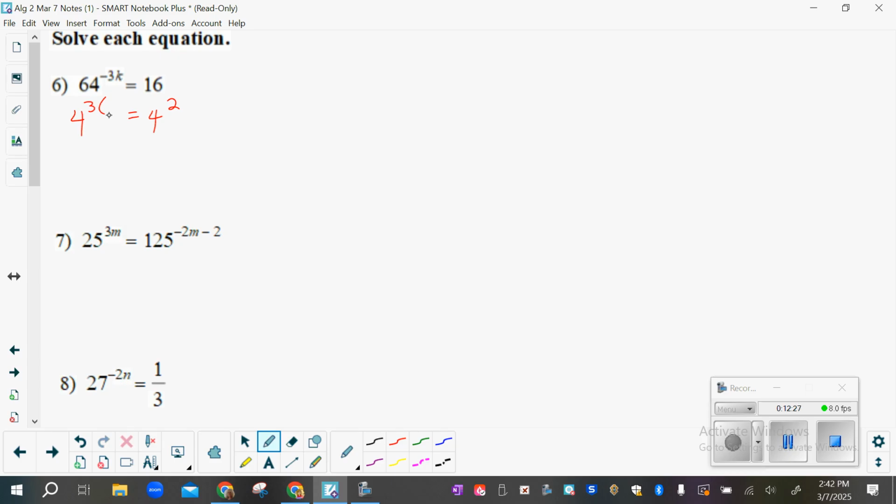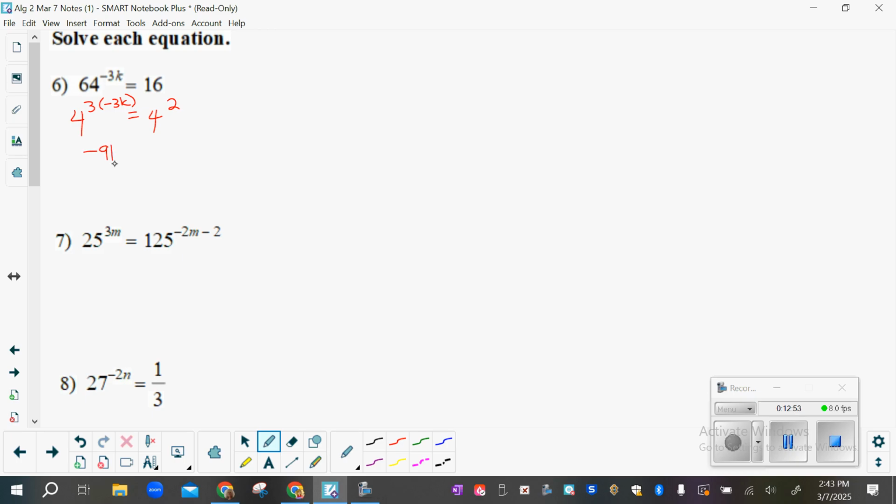So then what do we do with the 3 and the negative 3k? We're going to multiply because it's 3 next to that negative 3k. Negative 3k. So when we have an exponent to an exponent, remember we multiply. 3 times negative 3k is negative 9k.